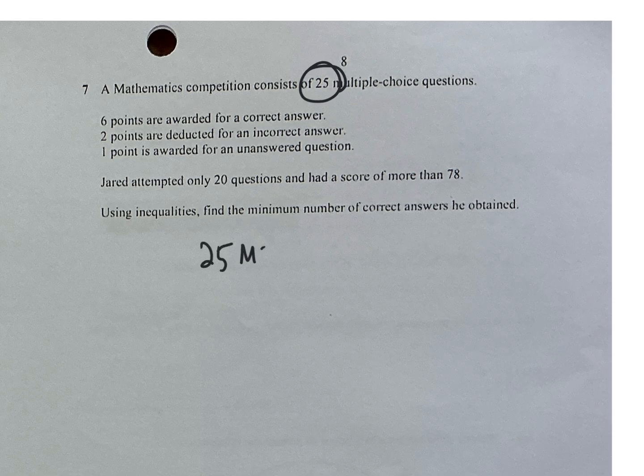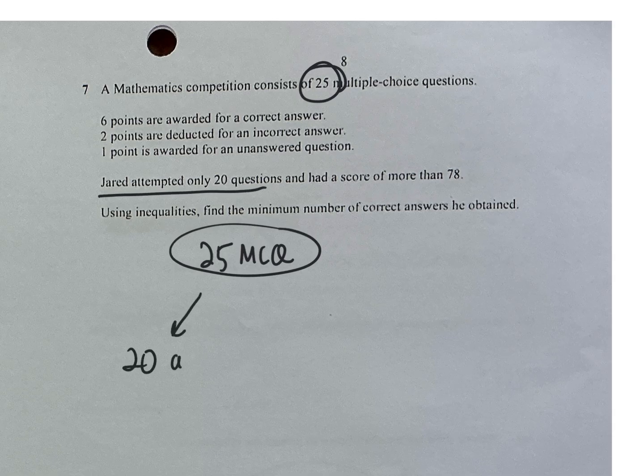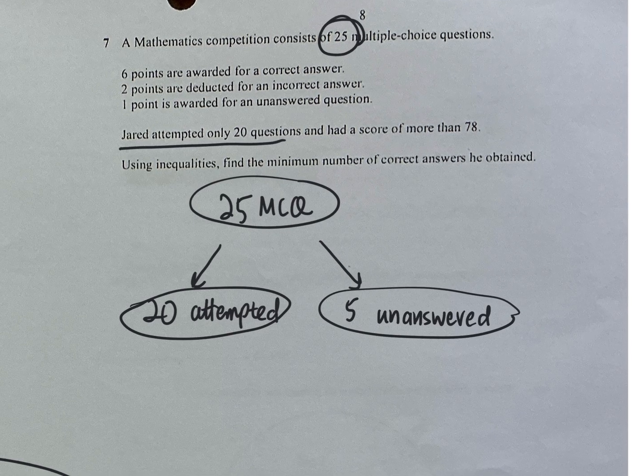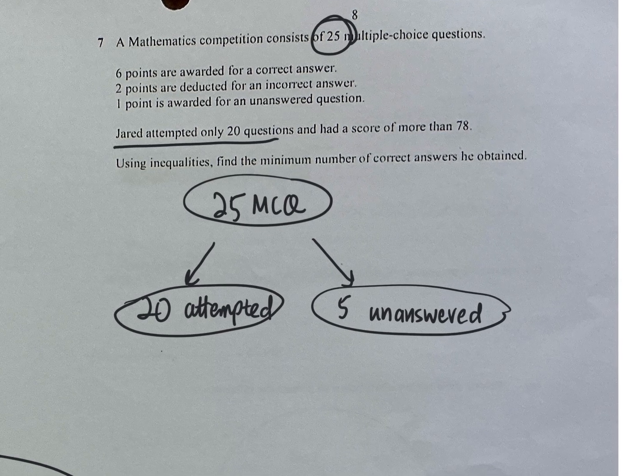let's look at this. There's 25 MCQ questions. This person only attempted 20. Which means 5 were unanswered. Amongst the 20, there were some correct and some incorrect, definitely, right? And then his total score has to be more than 78.